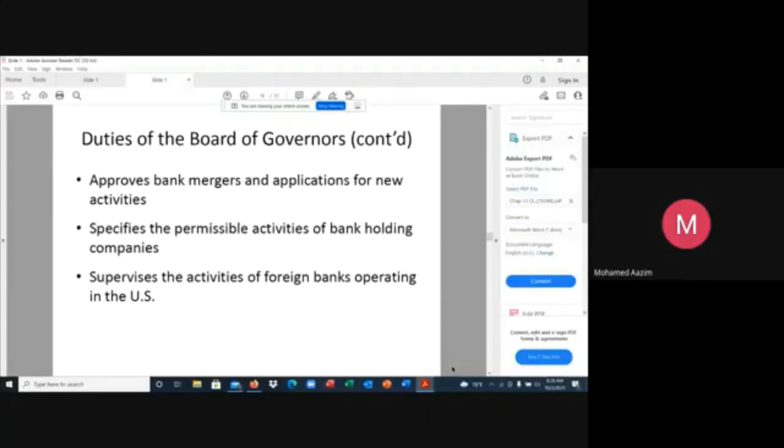Of course, the inputs are called from specialized staff. There's expertise within all these agencies. So they look at the inputs from these parties and they allow permissions to a type of holding company activities.